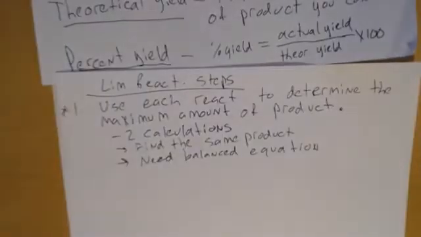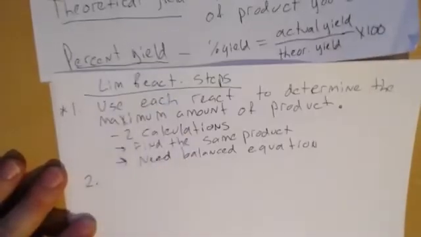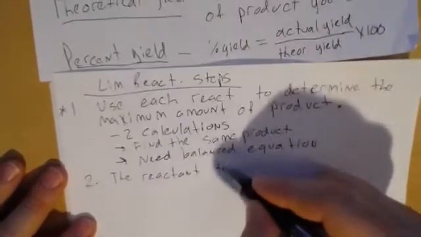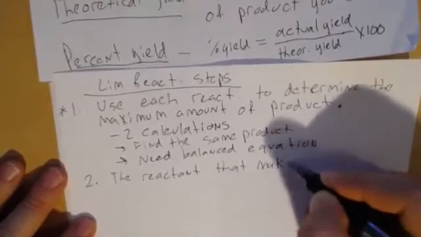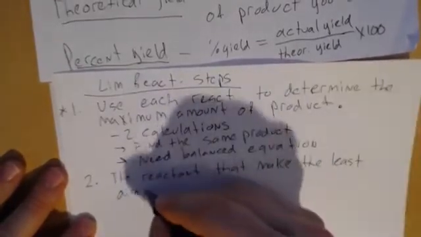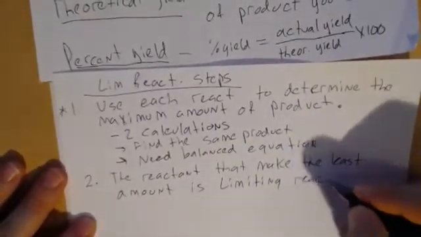Okay. So, once you've done that, then the reactant that makes the least amount is the limiting reactant.